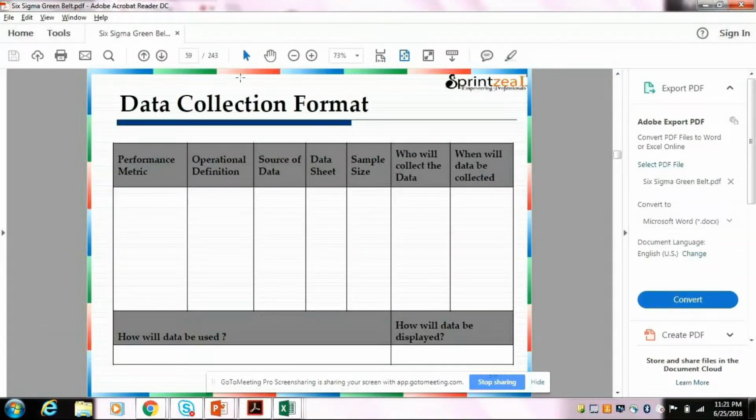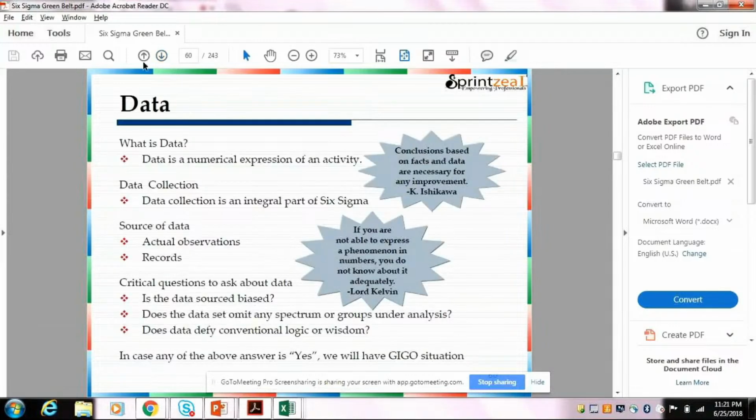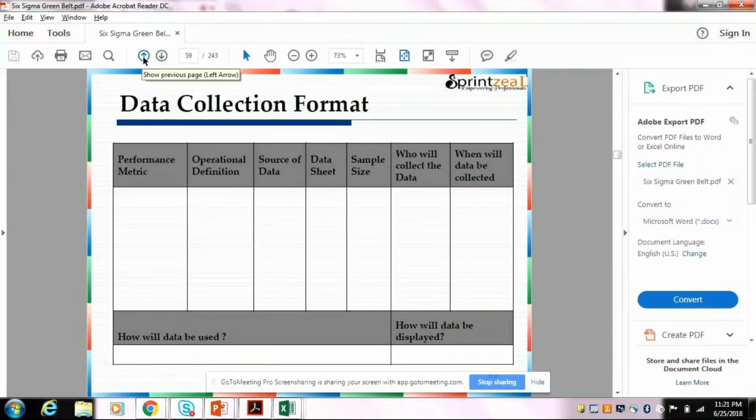Okay. So this is a data collection format. This again is one of the formats, and you can customize it as well. It lists down the performance metric. What is the operational definition of the performance metric that you're trying to define? For example, in your project, you've done average handling time.